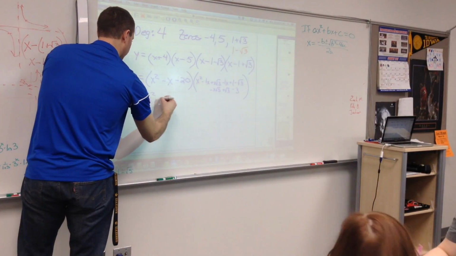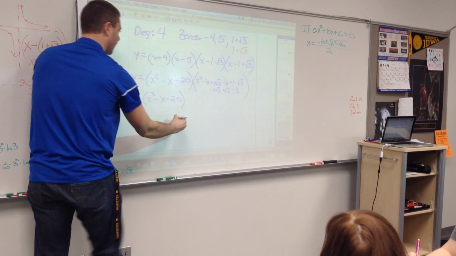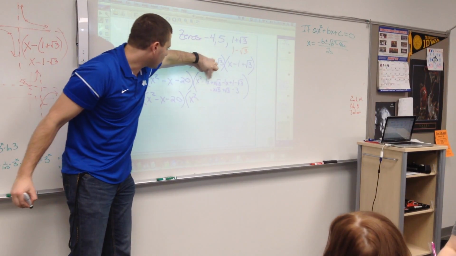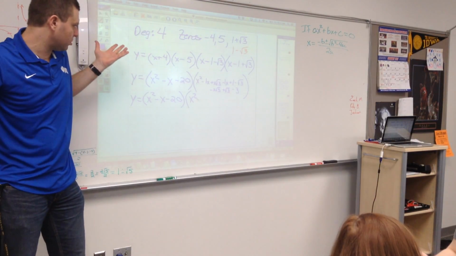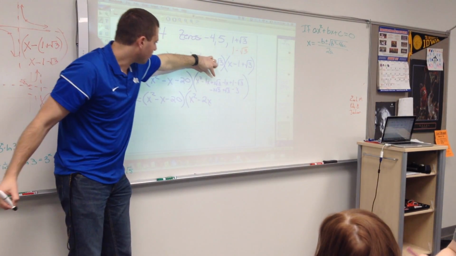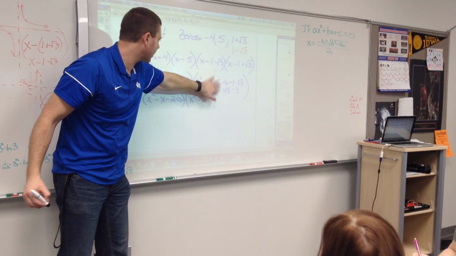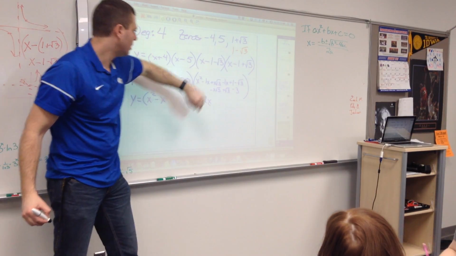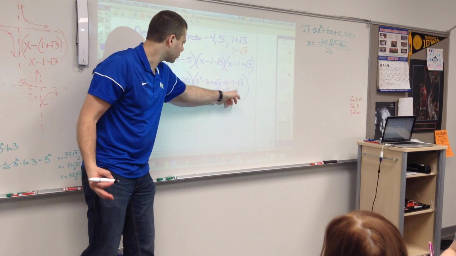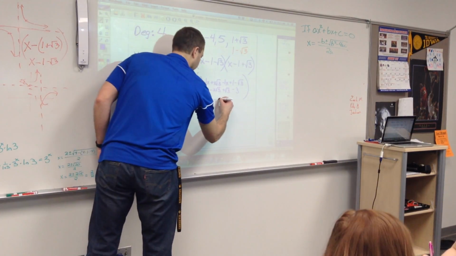So I got x squared minus x minus 20 here. And then I got x squared minus 1x, so minus 2x. Plus x root 3 minus x root 3, they cancel each other out. Minus root 3 plus root 3, they cancel each other out. Plus 1 minus 3 gives me a negative 2.